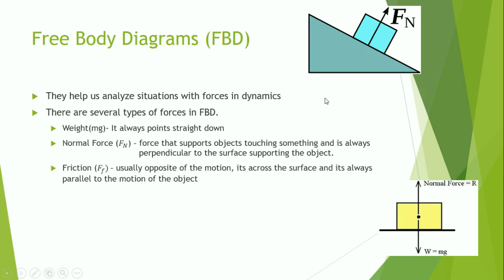Friction is usually opposite of the motion, but it can also cause motion. It is always across the surface, and it's always parallel to the motion. Friction usually opposes motion. If a box is sliding forward, the friction is obviously to the back.